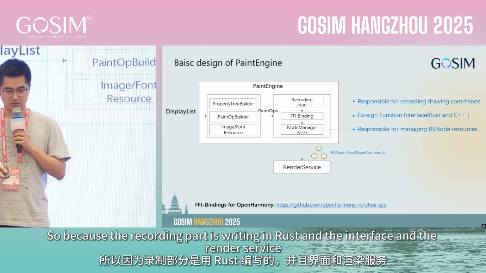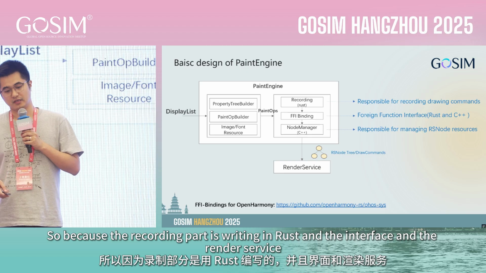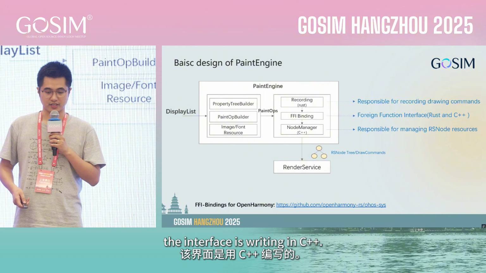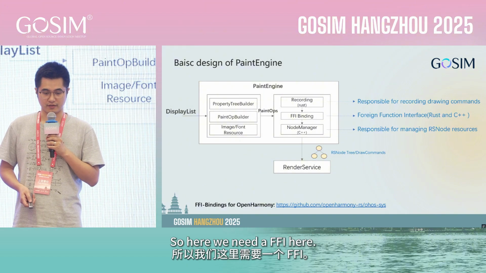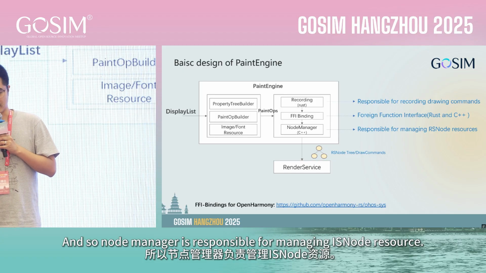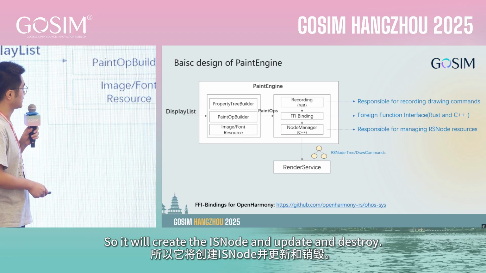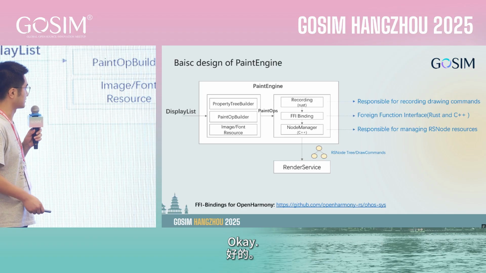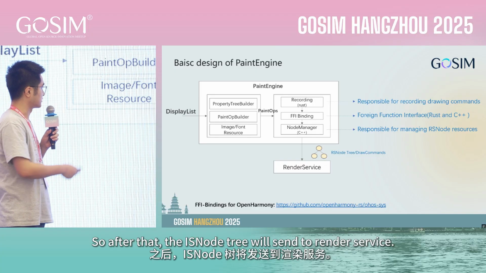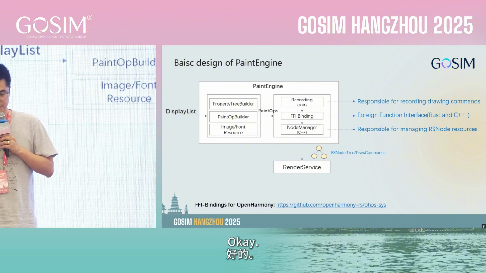Because the recording part is written in Rust, and the interface provided by the render service is written in C++, we need an FFI here. The node manager is responsible for managing the node resources: it creates, updates and destroys the nodes. After that, the node tree is sent to the render service, and the render service does the final rendering work.